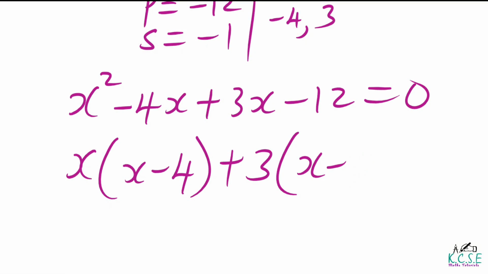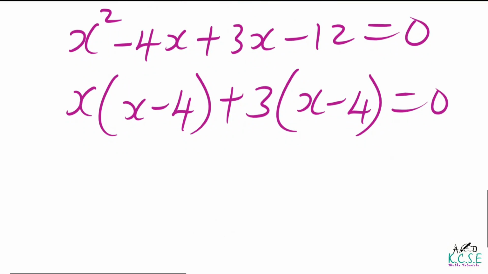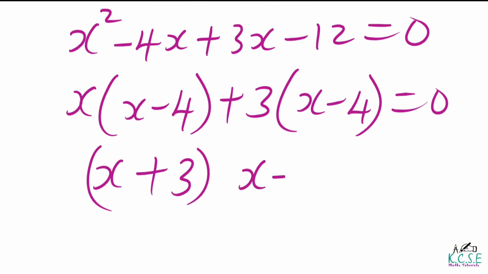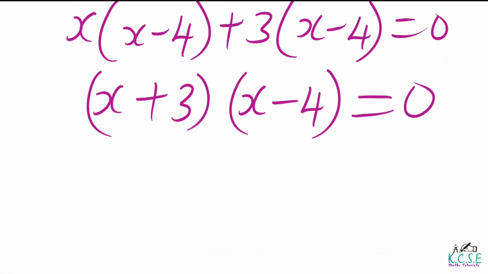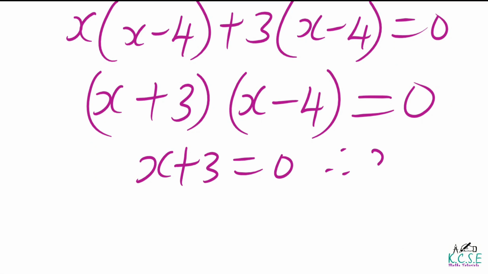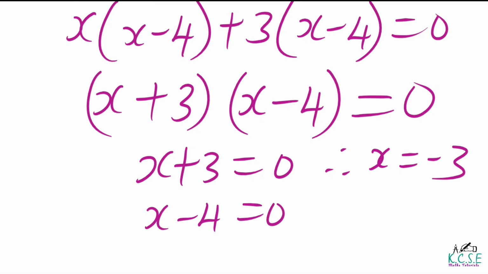So this gives either x plus 3 or x minus 4 is equal to 0. So at this stage, we'll get two values of x. x plus 3 is equal to 0, so x here will be negative 3, or x minus 4 is equal to 0, so here we get x is 4.